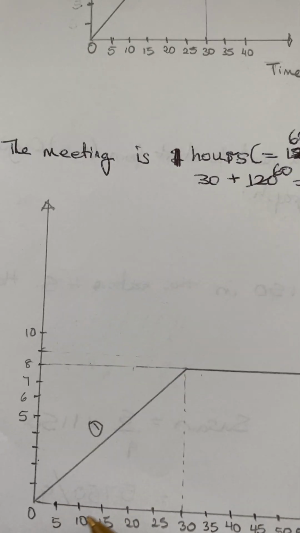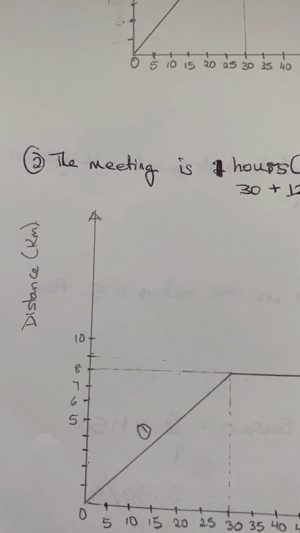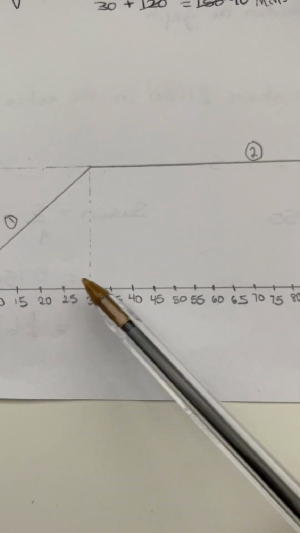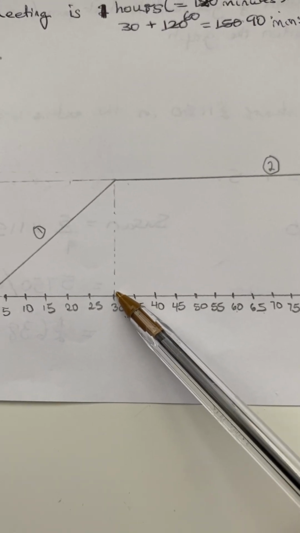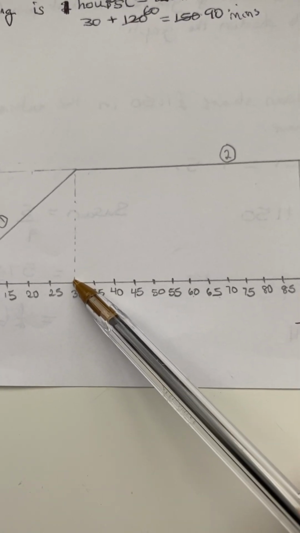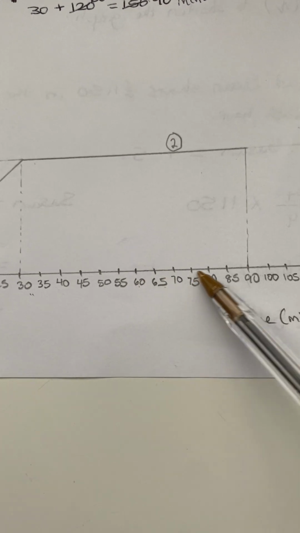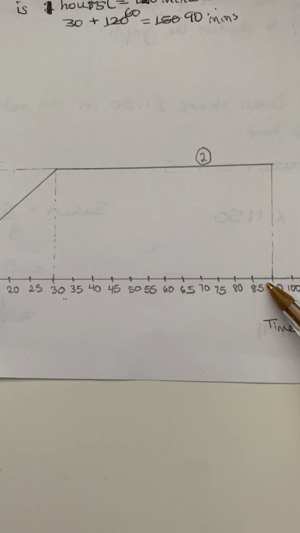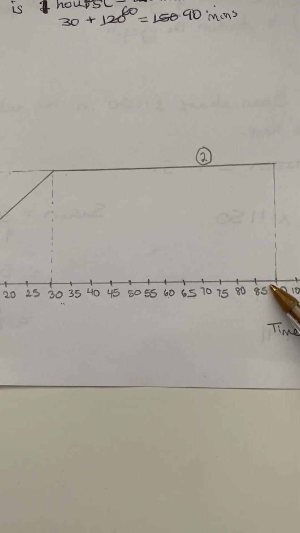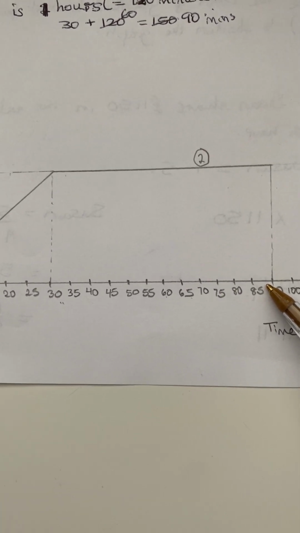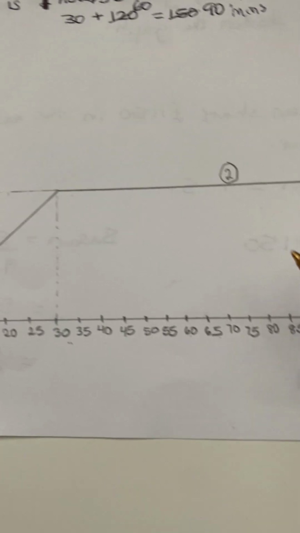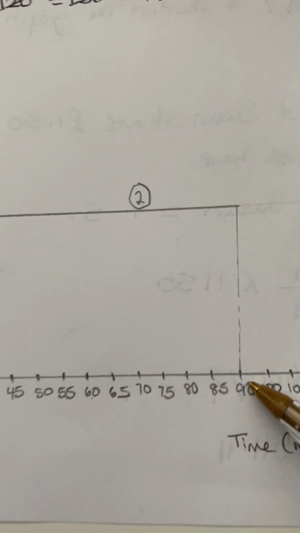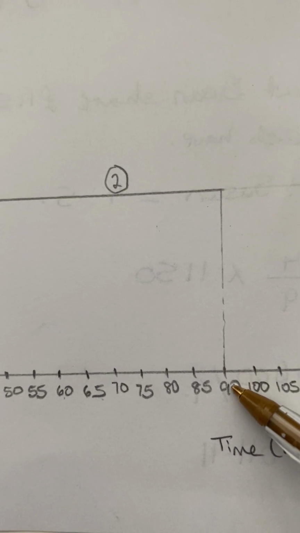So I have to look at the x-axis now. In the first 30 minutes she gets to the meeting, and then she is at the meeting for 60 minutes, that is 1 hour, which takes her to 90 minutes. So I find 90 minutes there.